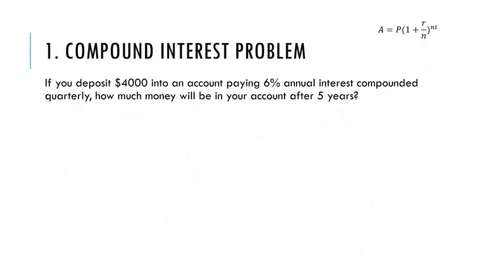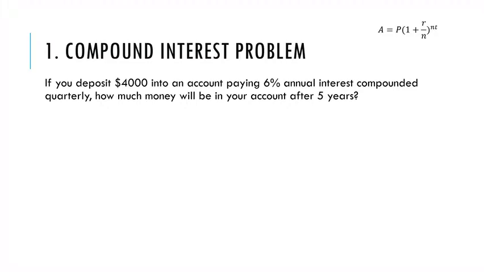All right, compound interest problem. If you deposit $4,000 into an account, this is your principal, so let's put P equals 4,000, paying 6%, that is your rate, and interest compounded quarterly. Quarterly means 4 times.